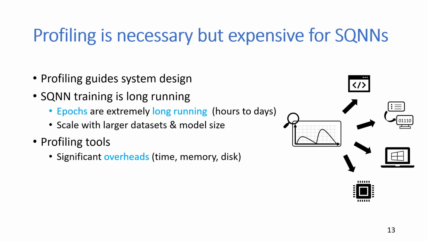However, SQNN training is usually extremely long-running, with each epoch taking several hours to days, and this runtime only scales with larger datasets and deeper models, both required for better accuracy. Moreover, profiling tools have their own overheads in terms of runtime, memory, and disk, which again scales with application runtime, as well as the amount of information one collects using these tools. This makes profiling SQNN training extremely expensive.